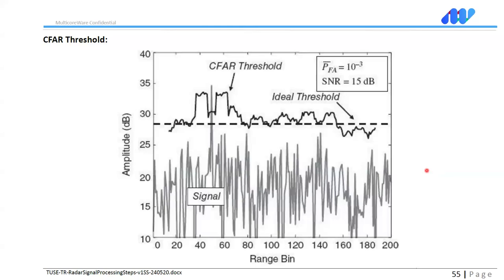However, that constant threshold does not work all the time. So it should often be dynamically calculated. It's done to keep the number of false detections almost constant, and this is why it's called constant false alarm rate detector.